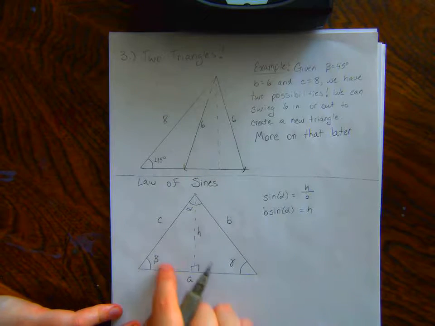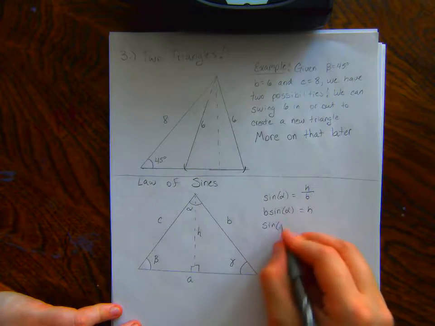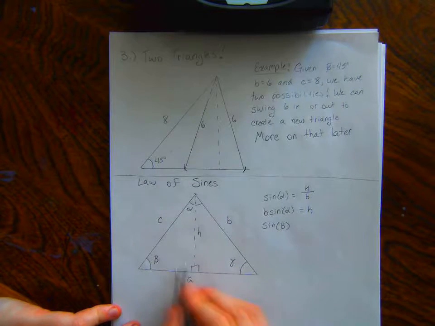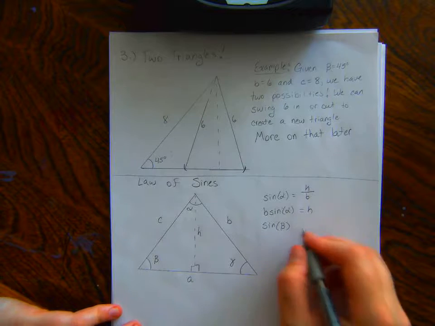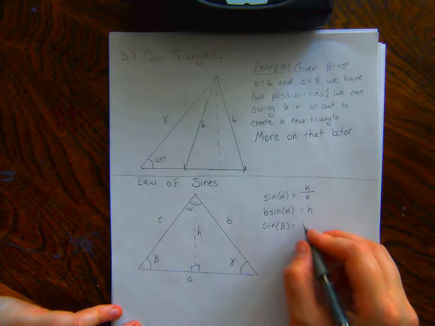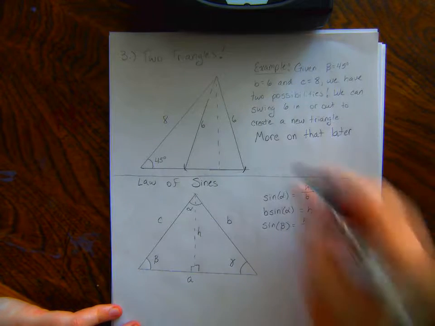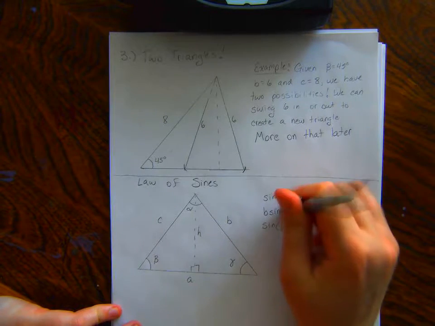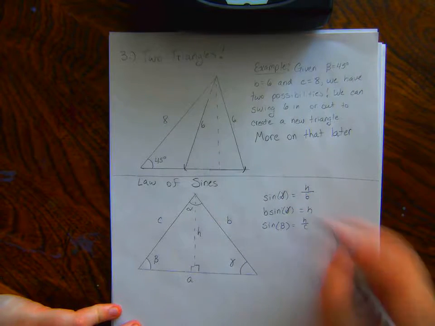Alright, let's do the same thing for this angle over here. So we know that sine of beta, since we're in a right triangle on the inside, is going to be side opposite, that's H again, over C. Oh, I mislabeled this. That's not alpha, that's actually gamma. My apologies.